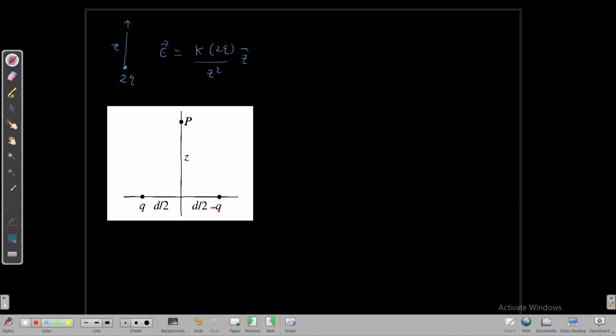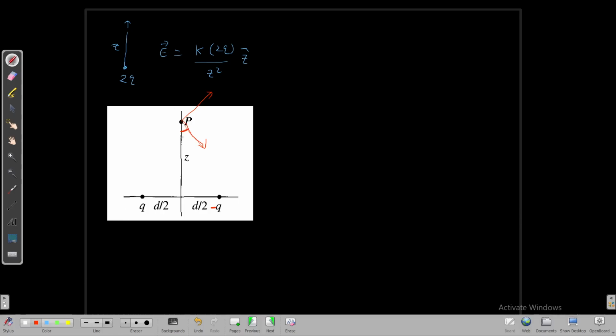Now in this case, what will happen? This will attract, so the direction of this will be in this way. And this will be the same because nothing changed.